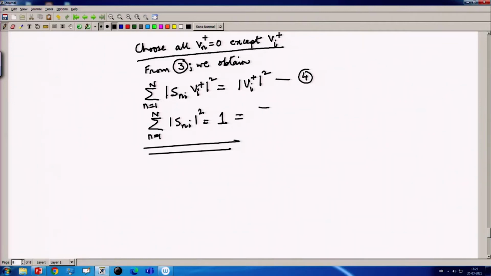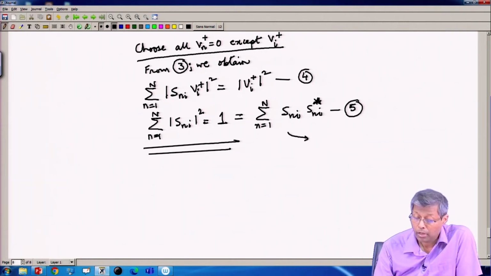and that can be also written as, where S n i star is the complex conjugate of S n i. So, this equation 5 holds good for any i. Okay.